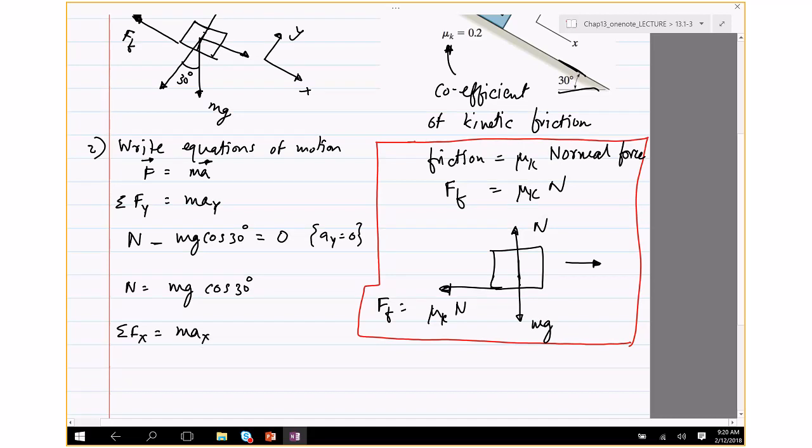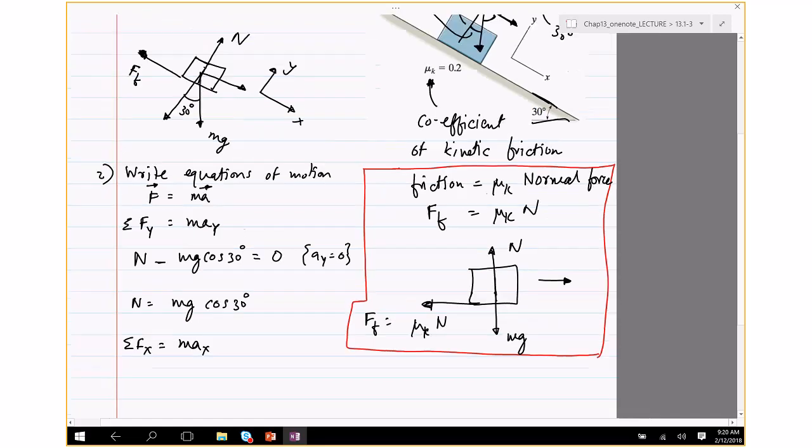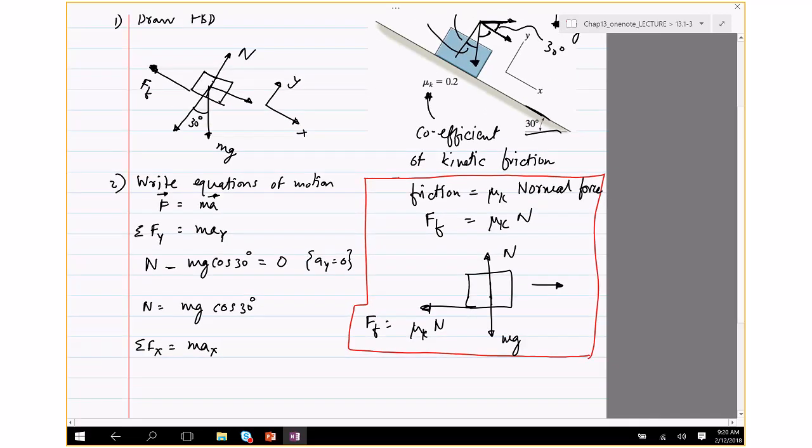So the next equation is Fx equals mass times acceleration in the x direction. So what's the force? There's friction force, which is acting in the negative x direction. Is that it?